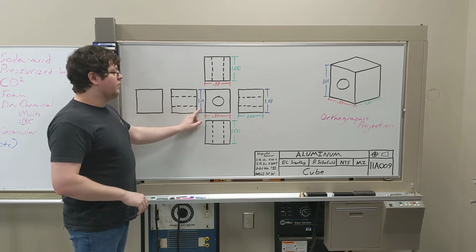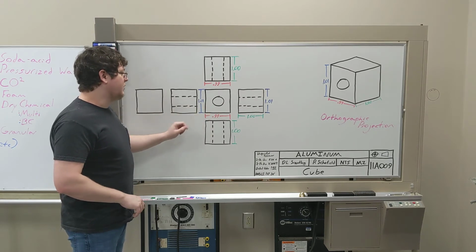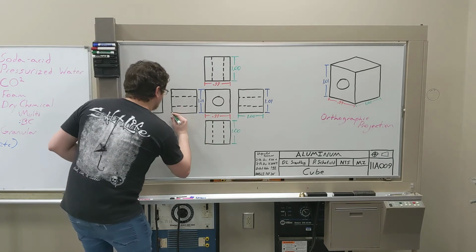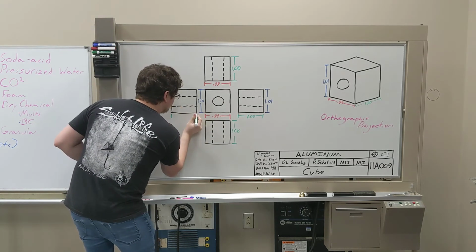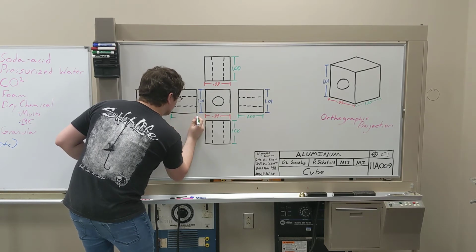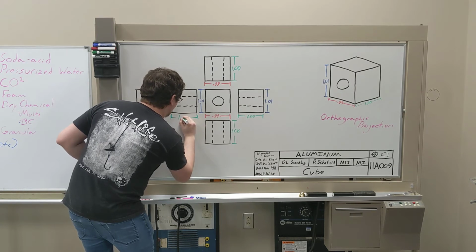I already know what my height is because this one's told me. And very much like over here, I have my next dimension, 1.00.